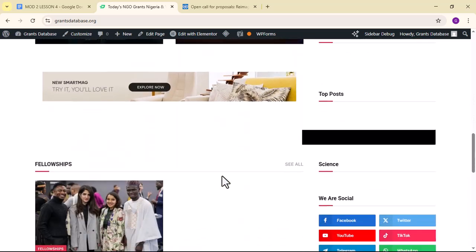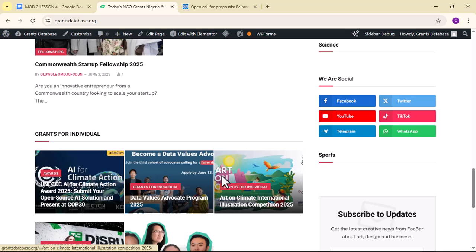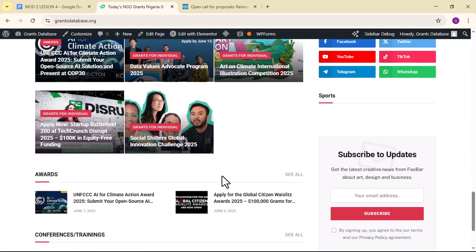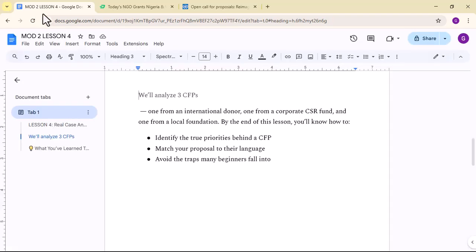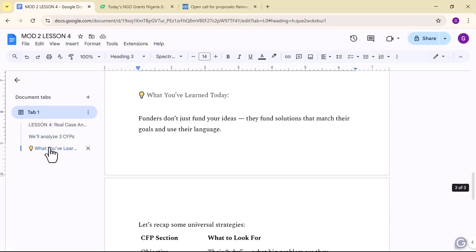I think we've covered 3 call for proposals here. Let's look at what we have learned so far. Funders don't just fund your ideas, they fund solutions that match their objective and use their language.